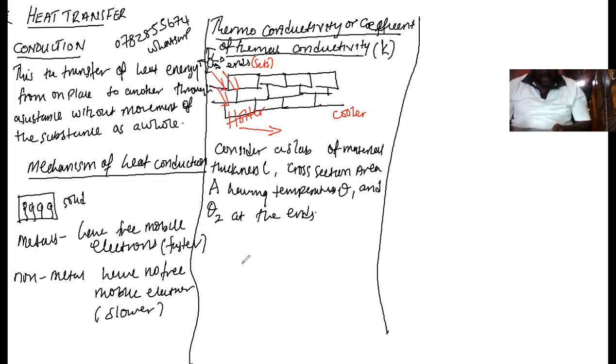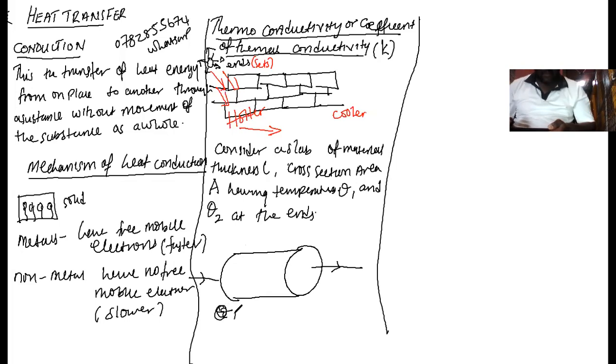So this is how my slab can look like. The slab can be in form of a brick, a compact tube. So if this is my slab, this end can have temperature θ1. This side can have temperature θ2. And this is the cross-sectional area, capital A.